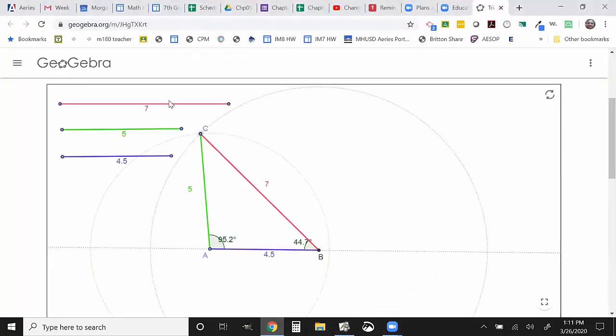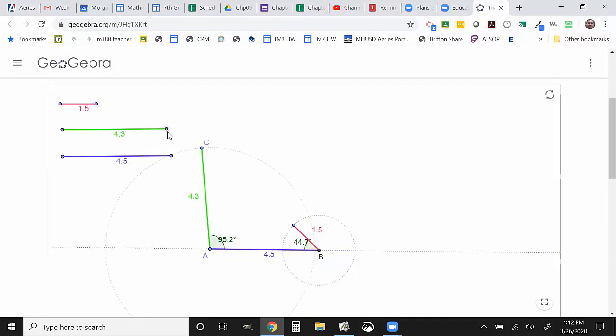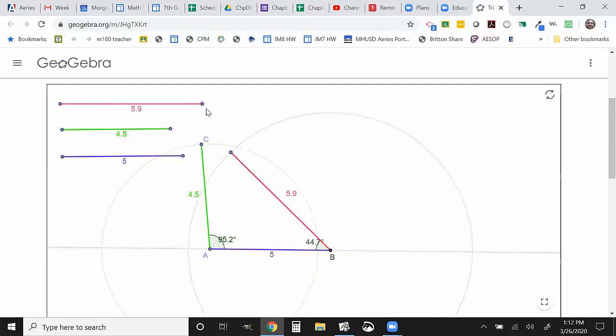So let's see, 1.5. You try to be different from me. 4.5, and 7. Actually, I'm going to make the red one 7 so I don't run into this. And this one I'll make 1.5.